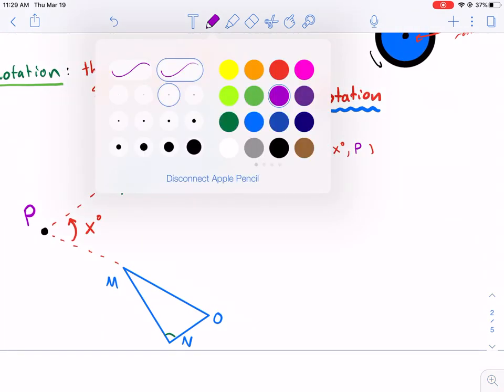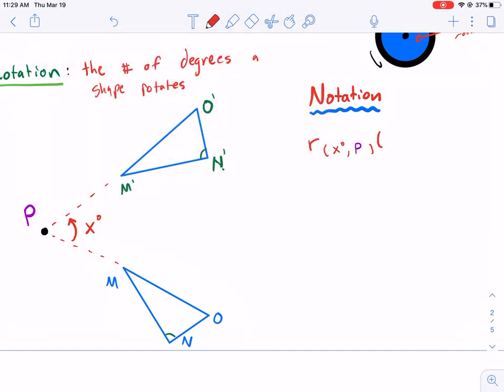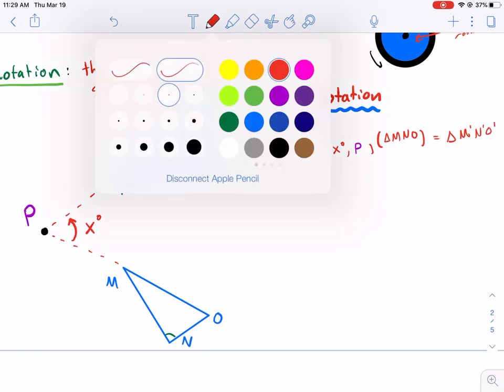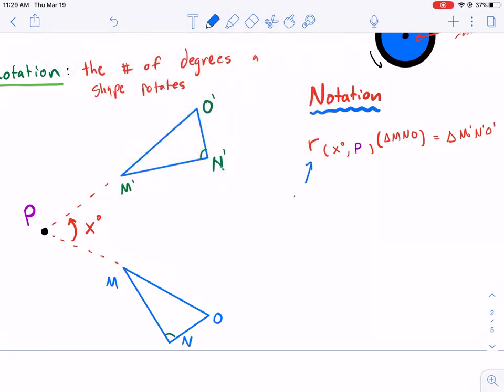Just like we had before, we have parentheses and the pre-image is displayed here. In this case, it's triangle MNO. Just like before, this is going to be the image, which is M prime, N prime, O prime. Let's again label everything. This means rotation.